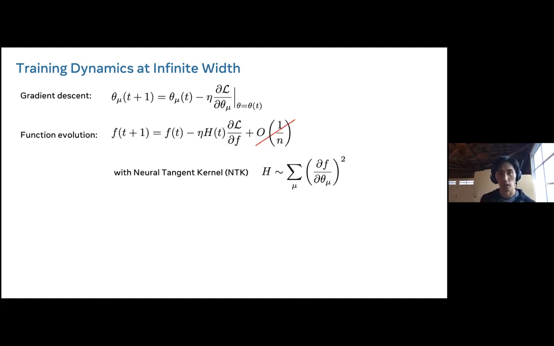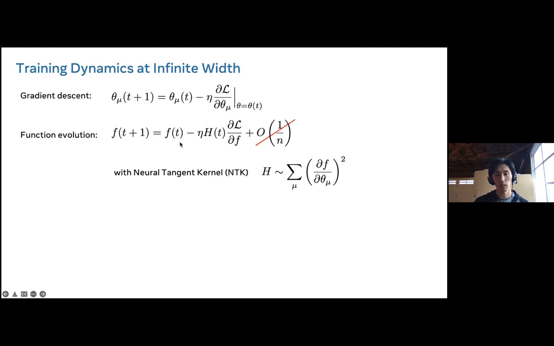Okay, so training dynamics at infinite width. At first, you have this gradient descent of model parameters. But what we want to understand is how the function behaves, so you want to keep track of the evolution of the function. To do so, you can expand in this change of the model parameter.